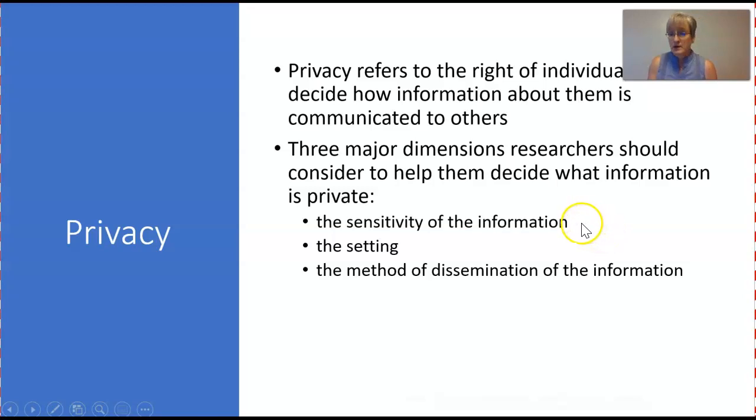Anytime you're dealing with private information that can potentially embarrass, can potentially expose someone to risk of getting into trouble, legally or otherwise, you have to really think about the sensitivity of it. You have to think about the setting and what kinds of risks of harm you might be exposing someone to if their information is disclosed. And you have to think about how you're going to share information about the research.